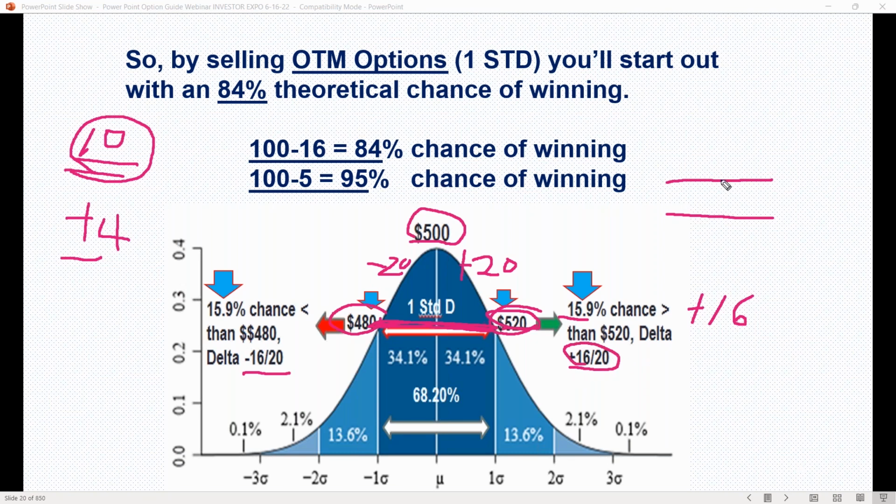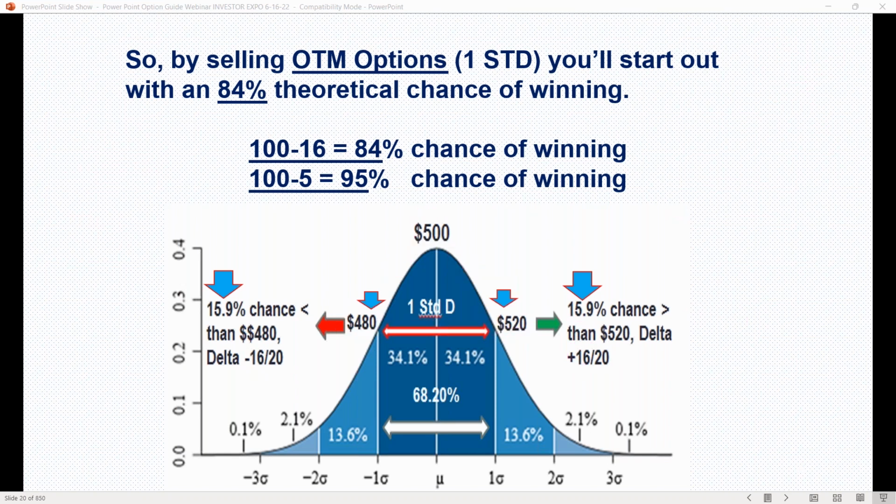Now the way it works is that one option contract is equivalent to 100 shares, and that's what delta measures. The max delta value would be 100, which is like 100 shares. So if you had a 16 delta, you take 100 minus 16, and that gives you the probability of where price will be.